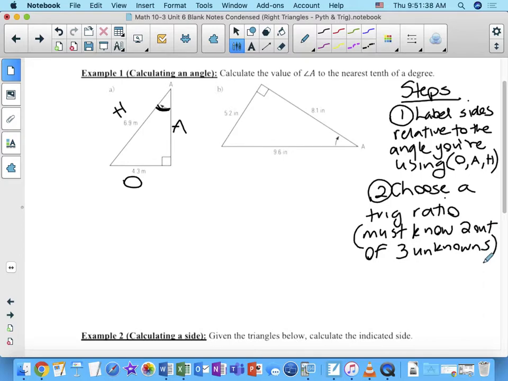Okay? So let's talk about that for a sec. We want angle A. So we want an angle here. Each of the trig ratios has 3 unknowns, an angle and 2 sides. Our unknown here is going to be the angle. So what do we need to know in this case? If we need to figure out the angle, what are we going to need to know out of those 3 unknowns?